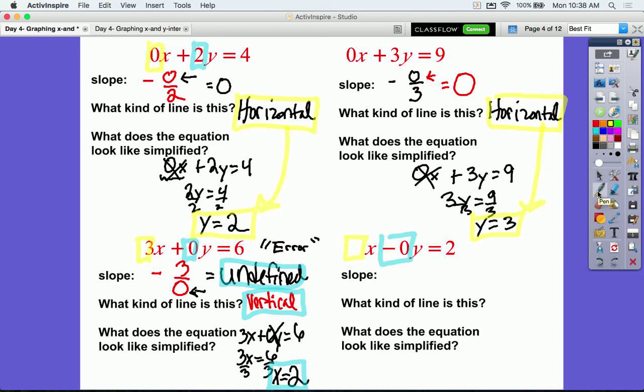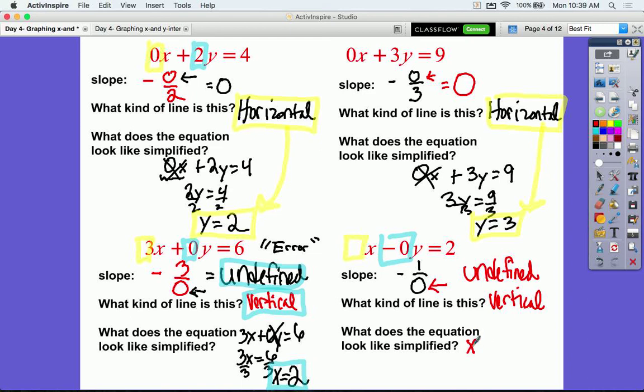All right, let's do the opposite of A over B. So I've got the opposite of 1 over 0. We know what this means. 0 in the denominator, error. This tells us that the slope of the line is undefined. And we know that only vertical lines have a slope that is undefined. So what do we think the equation is going to look like? Think about what I said. Is it going to start with a y equals or an x equals?